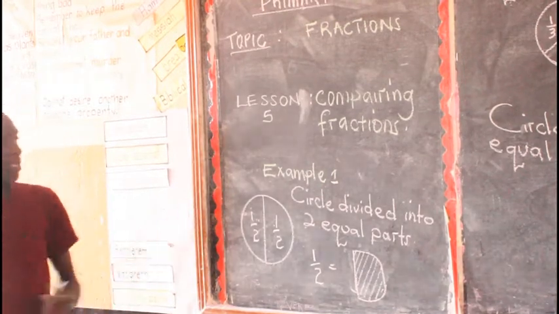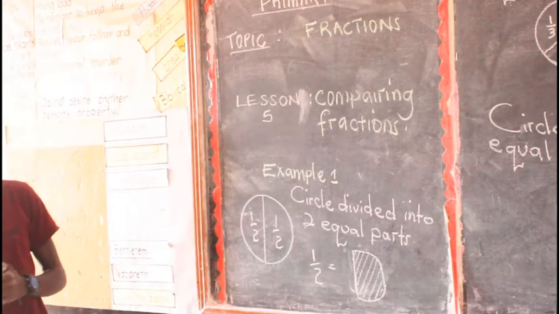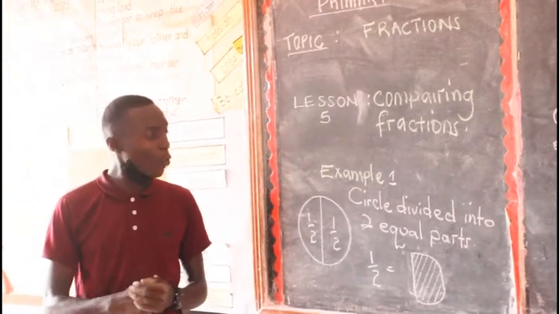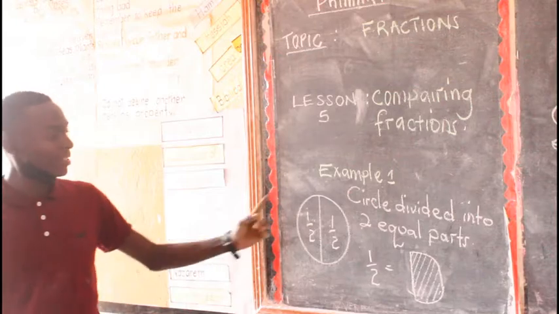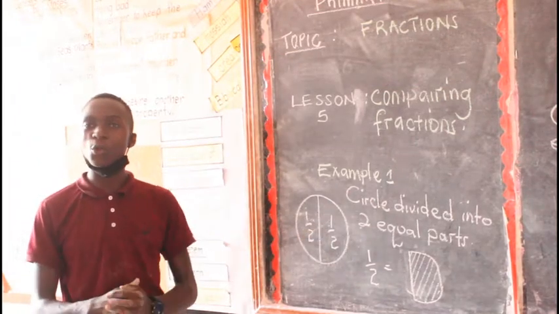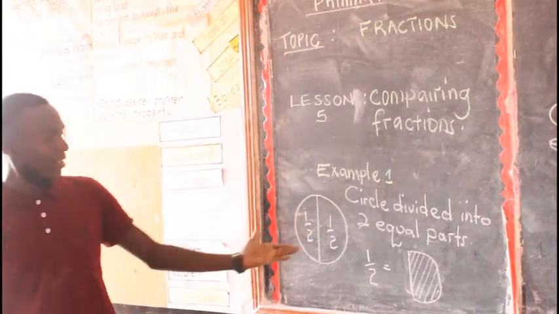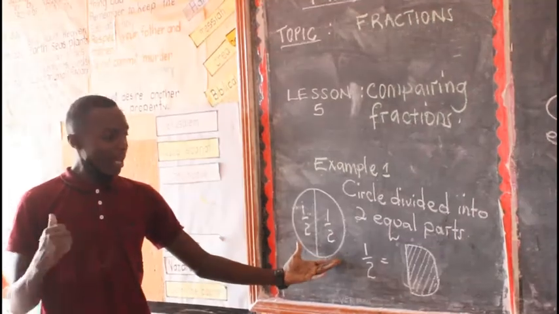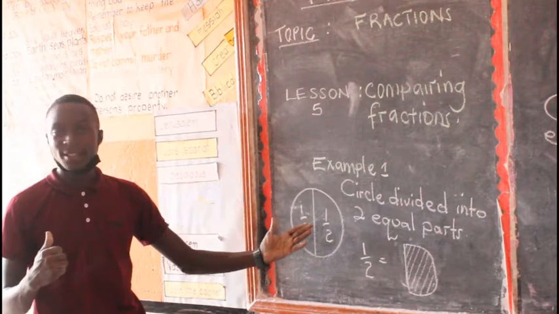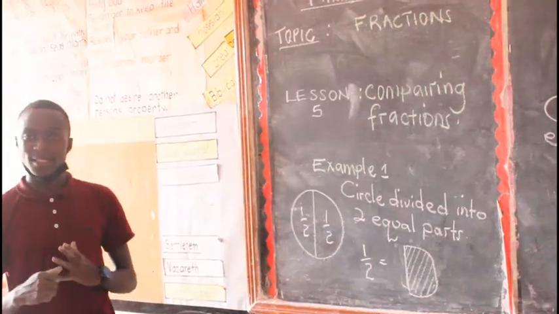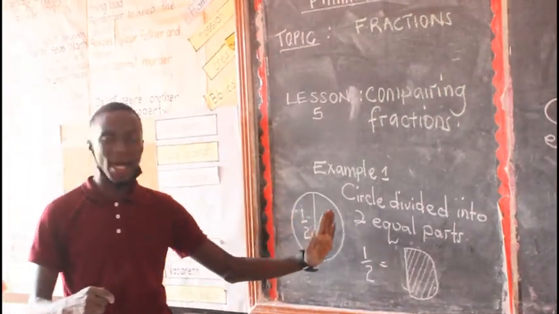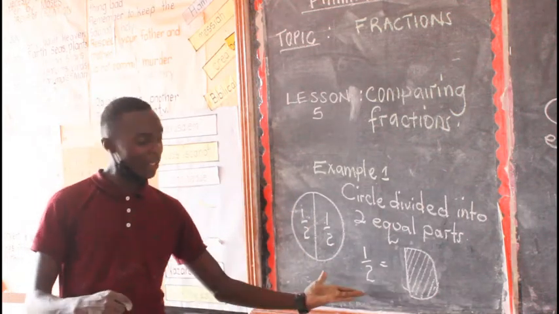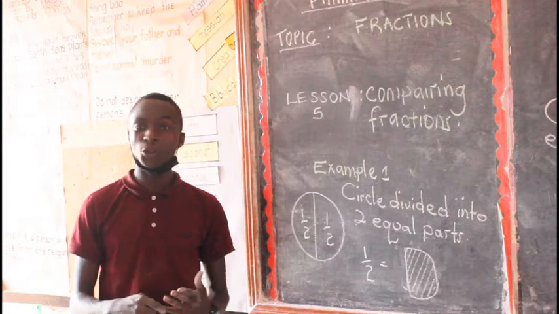We do have our example 1 here, and example 1 is saying there is a circle. It is divided into 2 equal parts. Earlier on, I told you that when a circle is divided into 2 equal parts, each and every part is called a half, or you can read it as 1 out of 2.